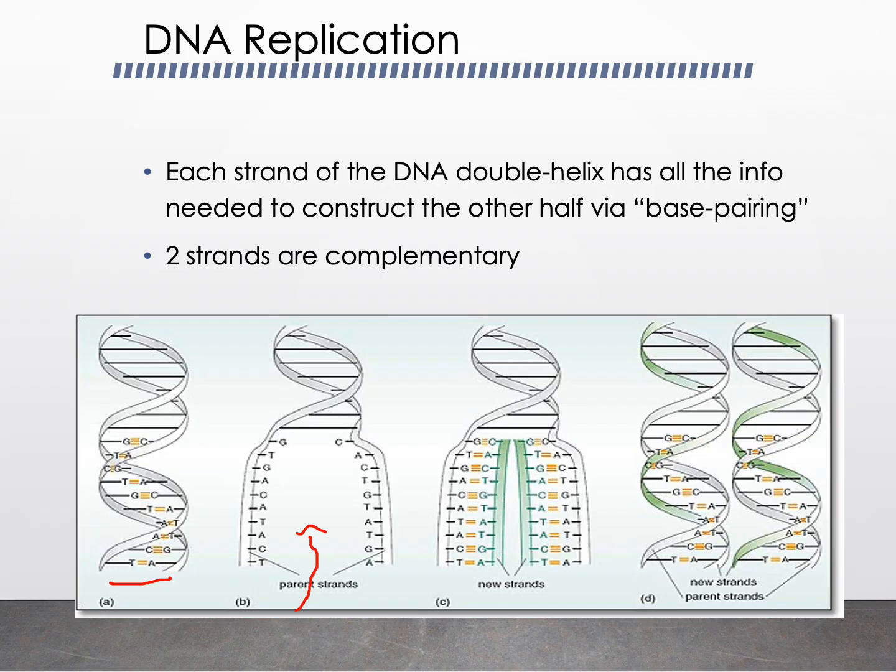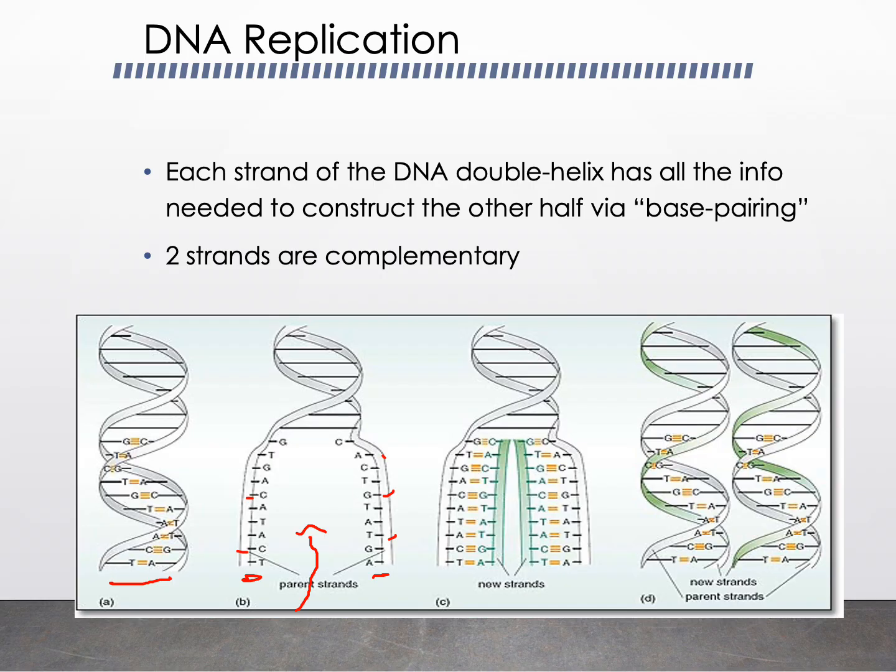And then once helicase helps separate the double helix into individual strands, these are known as our parent strands, the parent being the original ones that we start with. Then you'll have another enzyme known as primase that deposits primer.